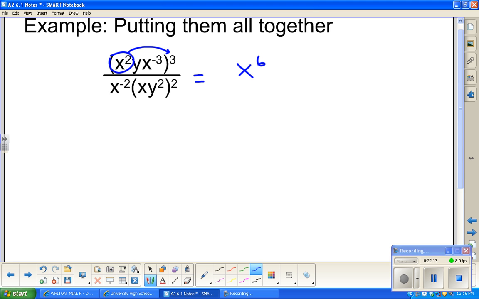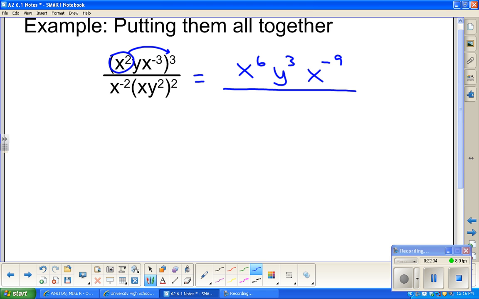Then there was a y, so that to the third is just y to the third. And even the negative, x to the negative third, raise that to the third makes it x to the negative ninth. This is just one option. If you wanted to move the negatives earlier, you can.